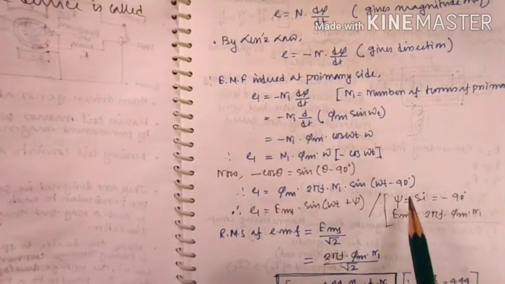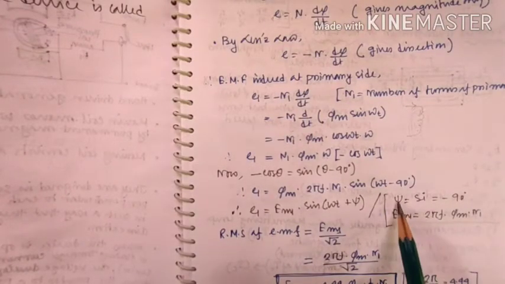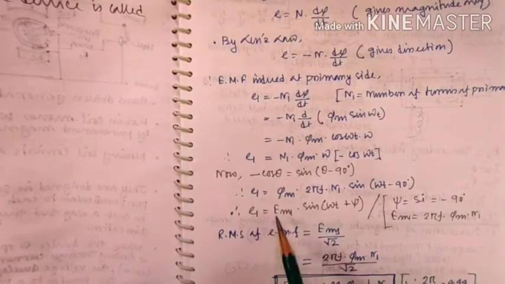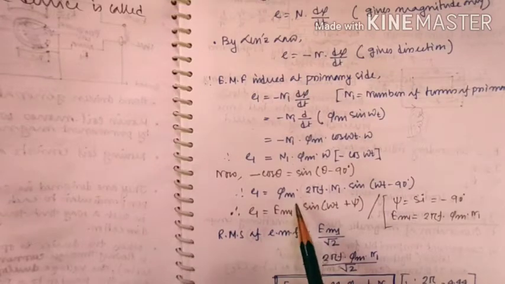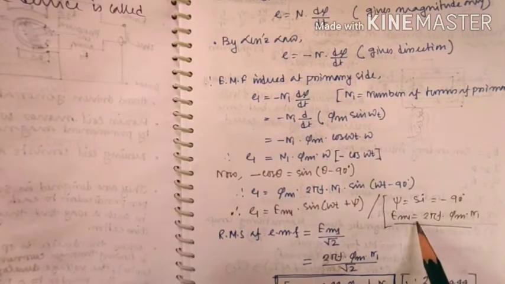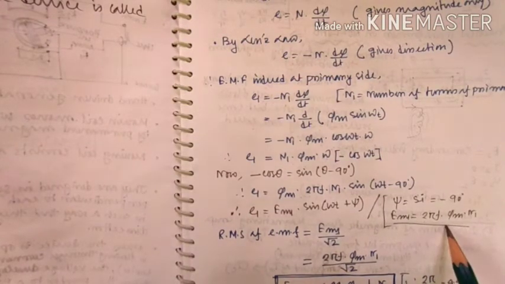Now if we write down minus 90 degree is equal to psi, if we represent in this way, then the equation becomes E1 is equal to EM1 sin omega t plus psi. What is EM1? I am coming here. What is written here?